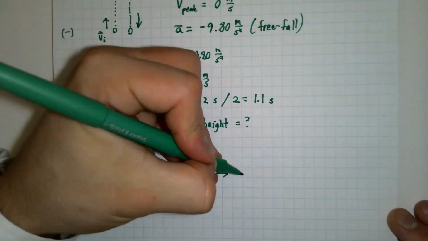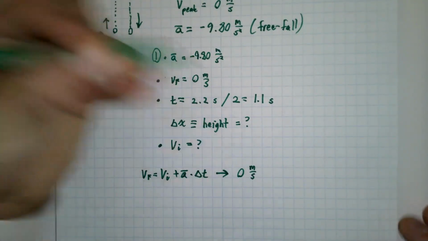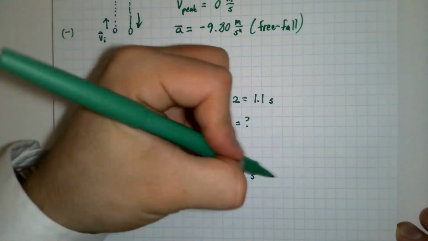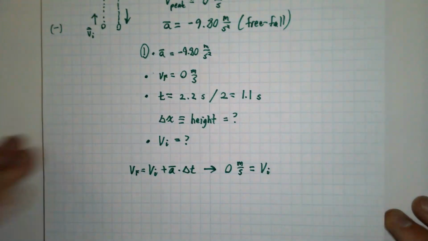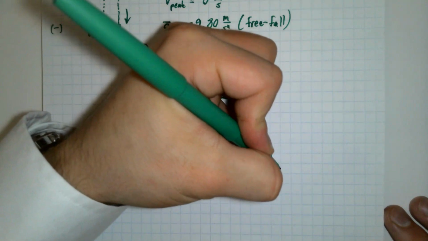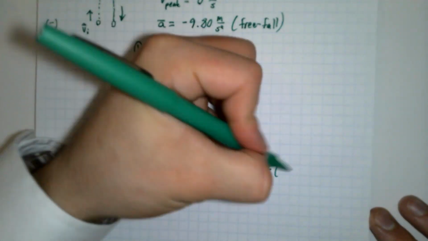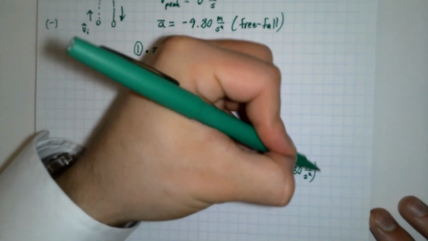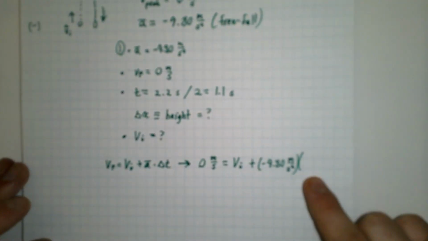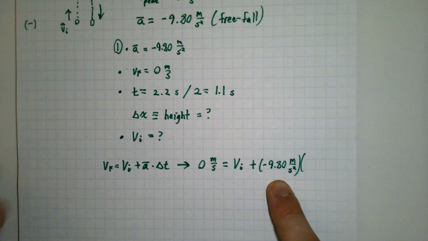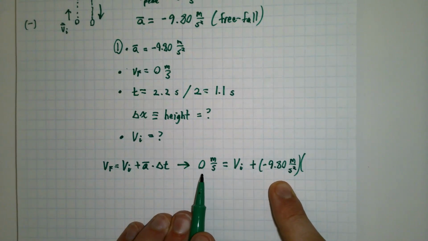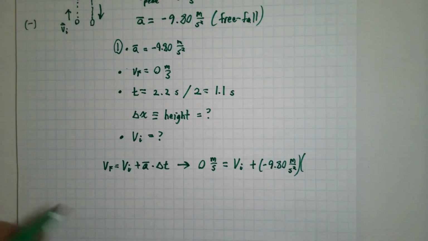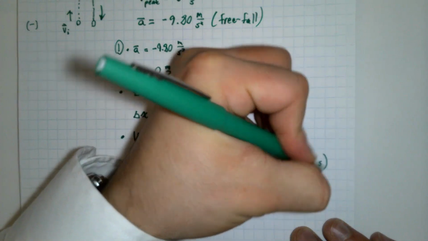We have a final velocity of 0 meters per second. We have an initial velocity of unknown. We know our average acceleration was negative 9.80 meters per second squared. And we also know the time it underwent that negative acceleration in order to reach a velocity of 0 at its peak, and that was 1.1 seconds.